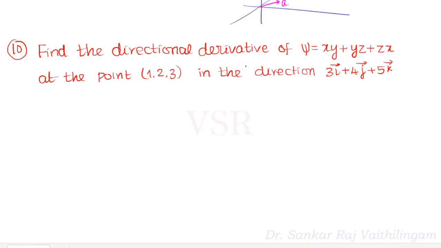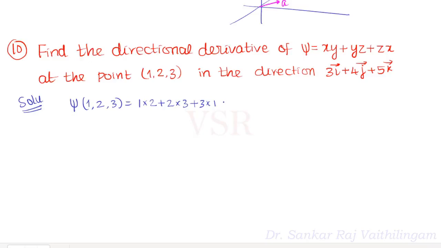See, here I have given only a scalar function. I didn't say anything about the surface. This scalar function will give a surface. How, sir? Substitute and see what we get. Solution: psi of 1 2 3 is x into y, so 1 into 2 plus 2 into 3 plus 3 into 1.